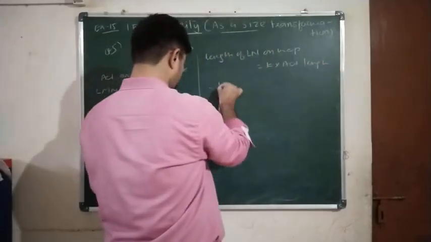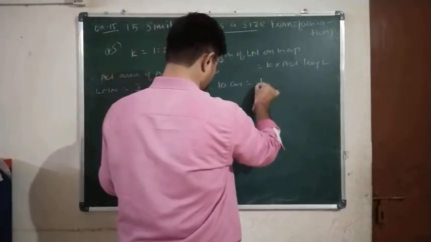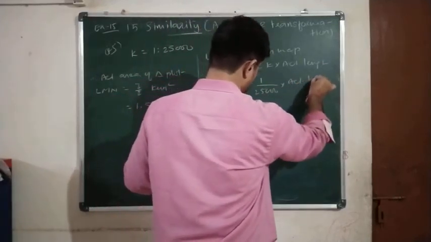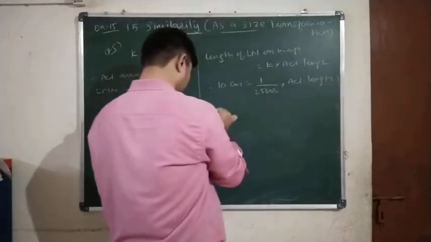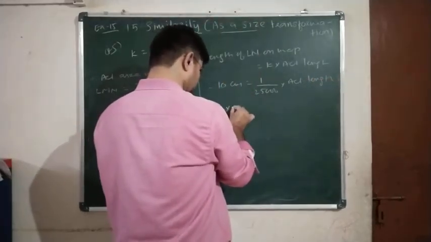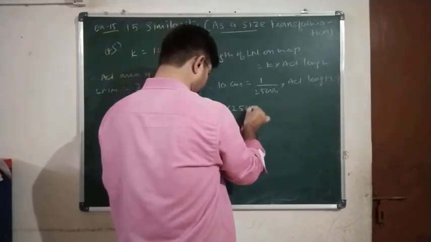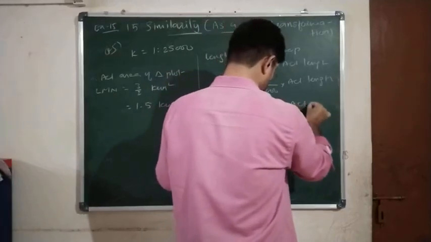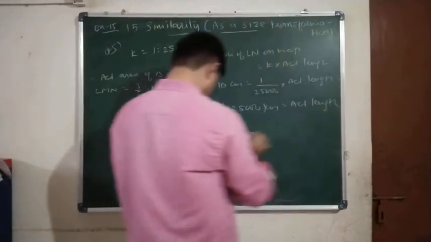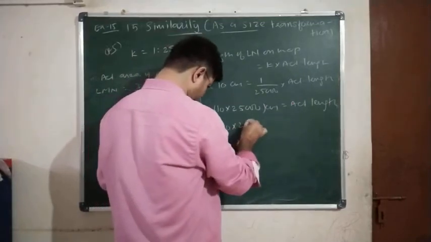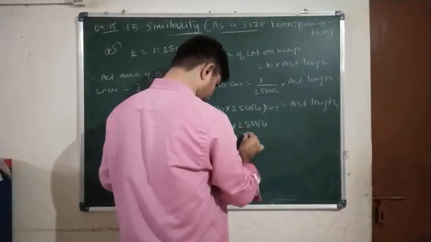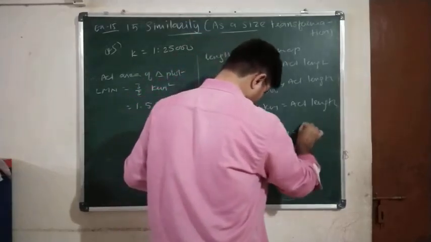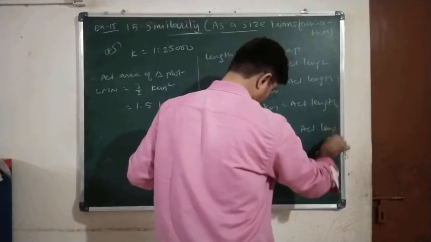So the length will be 10 centimeters, is equal to 1 upon 25,000 into actual length. Therefore 10 into 25,000 centimeter is equal to the actual length, and therefore 10 into 25,000 upon 1 lakh kilometer will be the actual length.